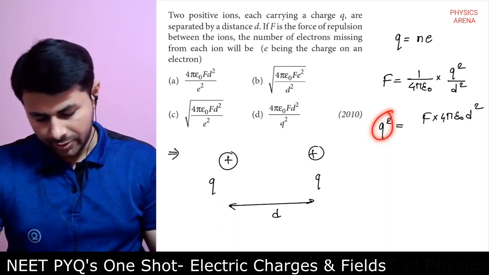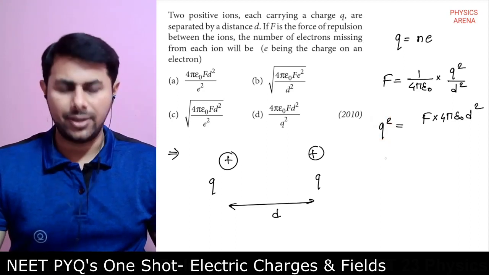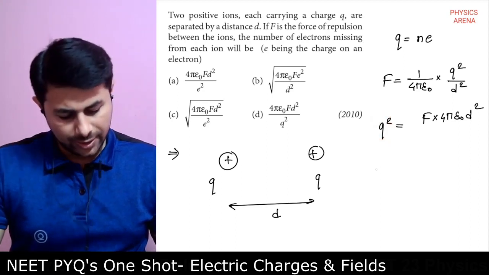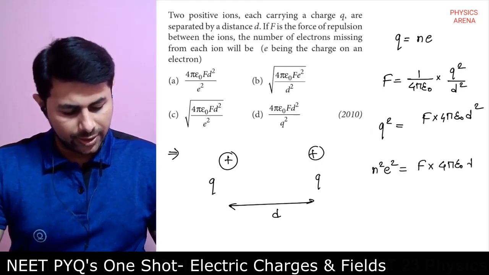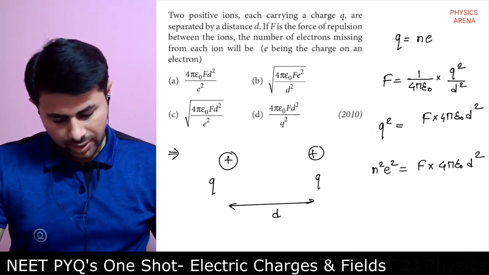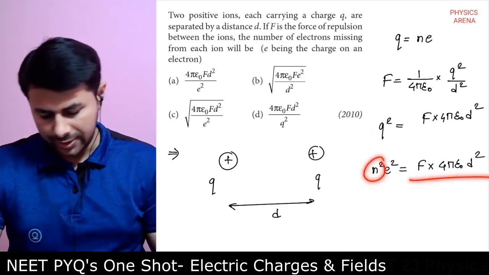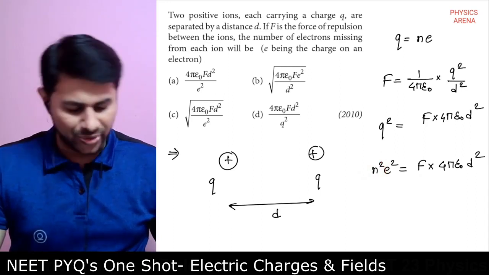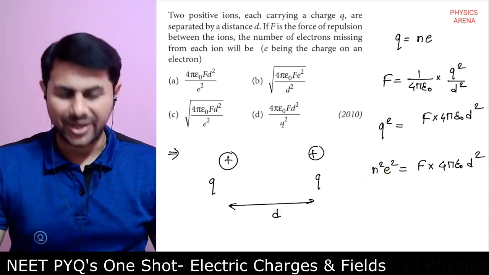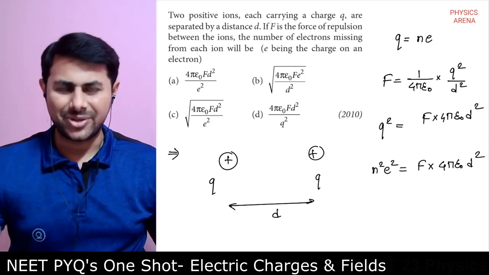And therefore q square is n square e square, because q is equal to ne. So n square e square is equal to F multiplied by 4 pi epsilon naught d square. We take e square on the other side, we want to find out n, how many electrons are removed.